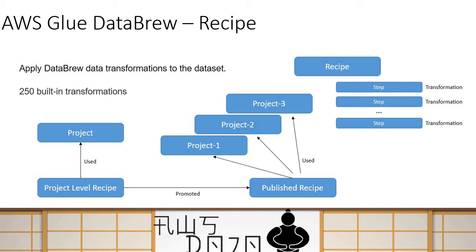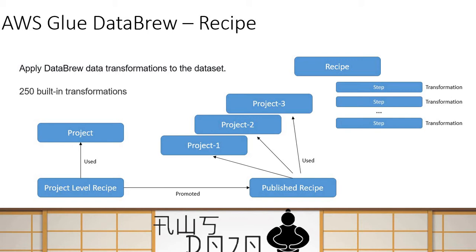So any project can say, I'm not going to create my own recipe, but I have a published recipe which makes perfect sense for me because the kind of data set I have is similar to what the recipe works on, and that recipe is performing the same kind of transformation I'm looking into. And in that case, you can simply say, I'm going to use one of the published recipes. I'm not going to create my own recipe.